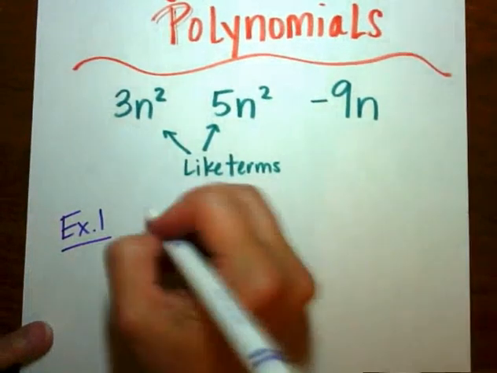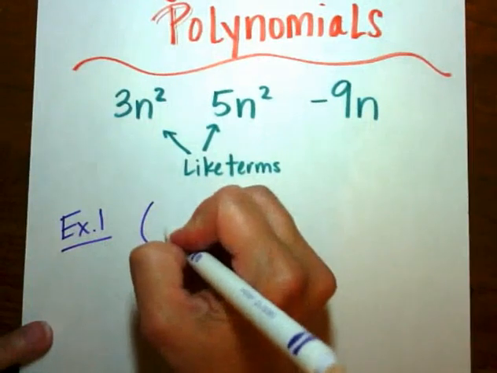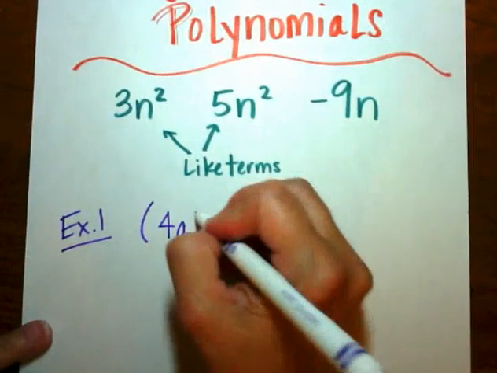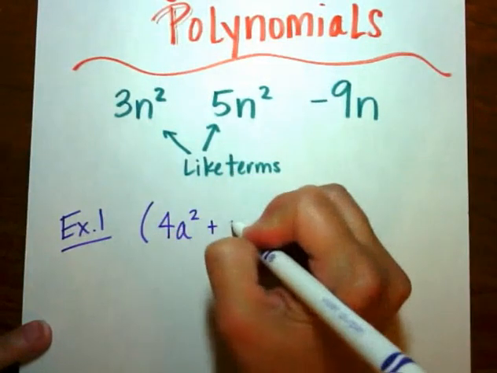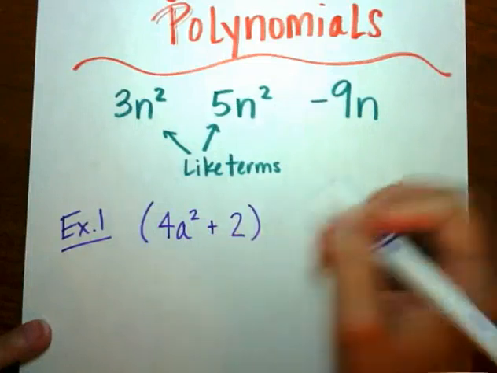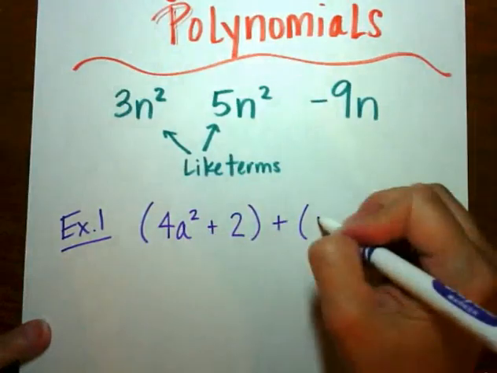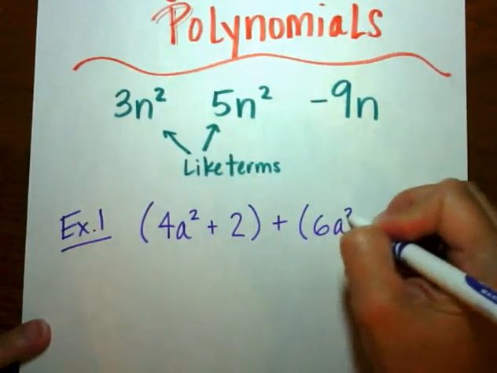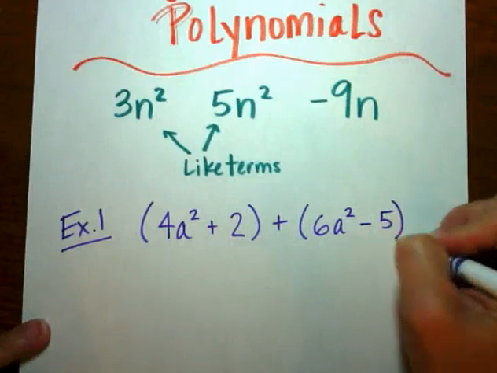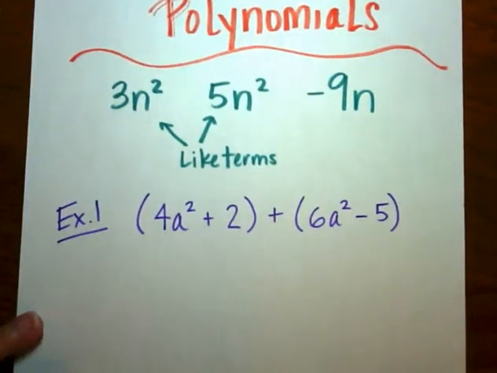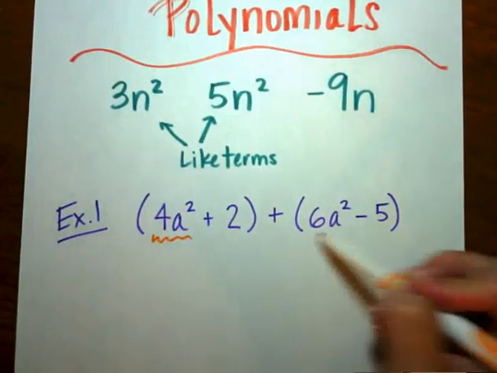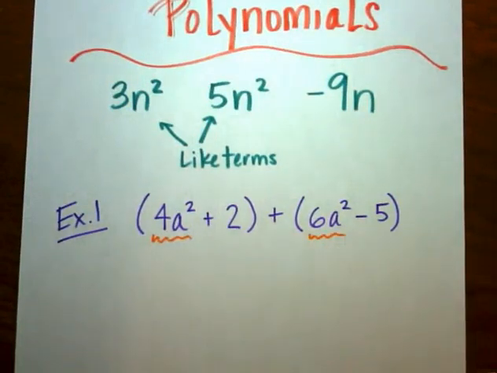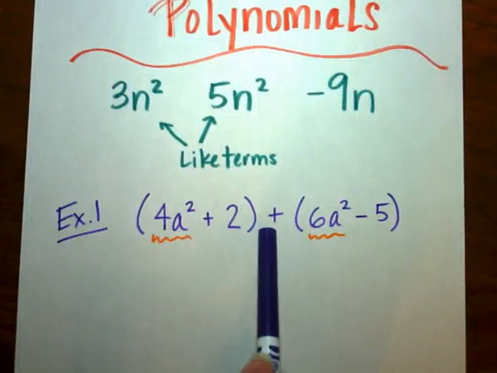So for example number 1, let's add 4a squared plus 2 with 6a squared minus 5. All right, so what we're going to do is just look for like terms. So I see that those two are like terms with each other, and I'm adding them.